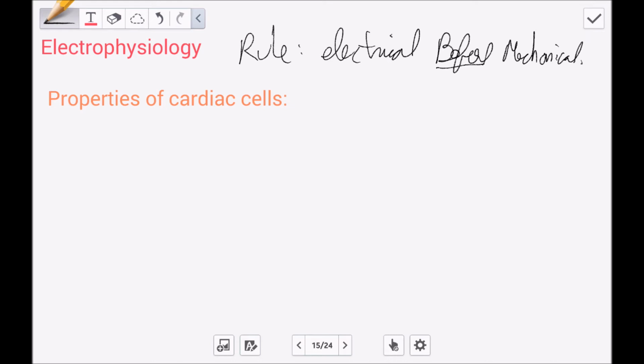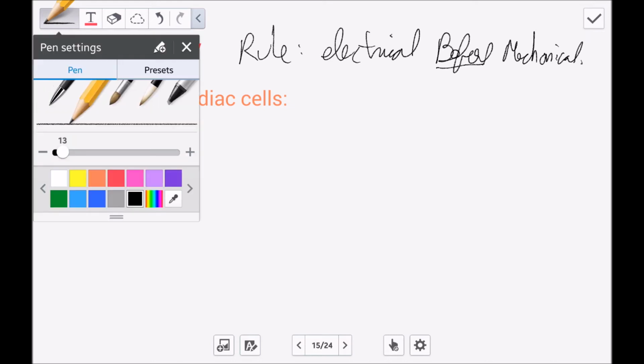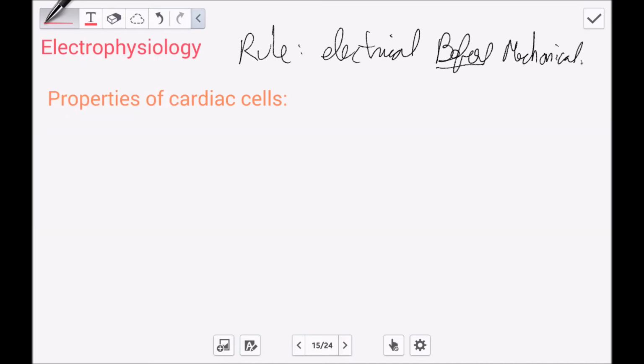So some of the properties of cardiac cells, I'm just going to use a different color here. Let's go pen, and sure, we'll use red maybe. Okay, so some of the properties of cardiac cells: they are automatic. So they have automaticity, they have rhythmicity, they have their own rhythm.